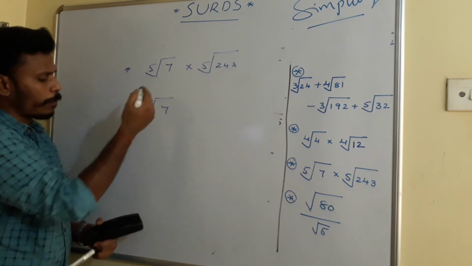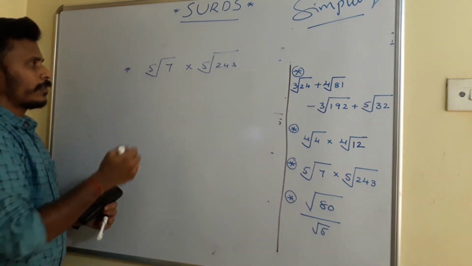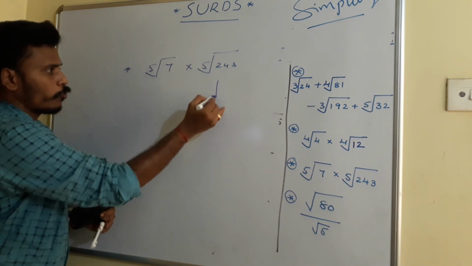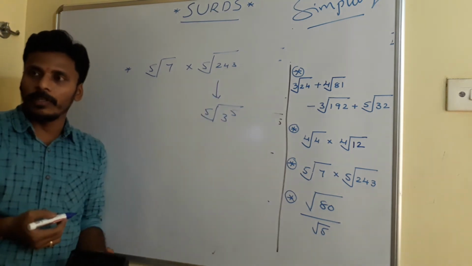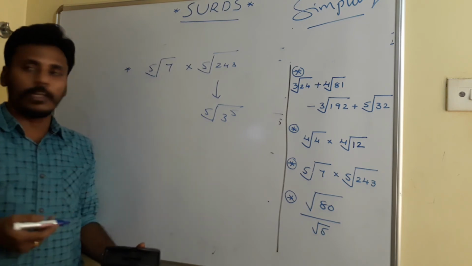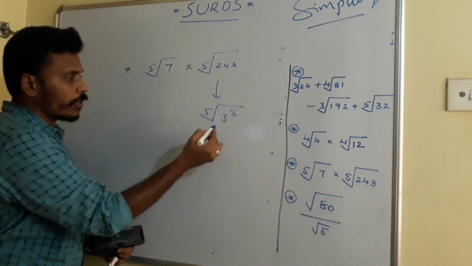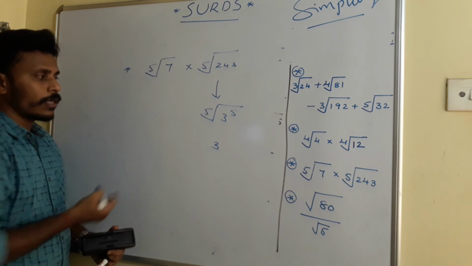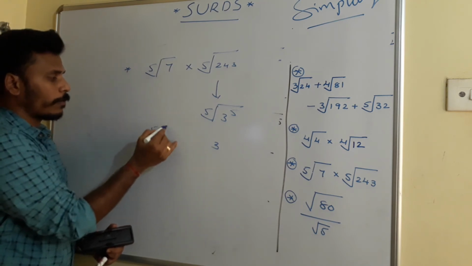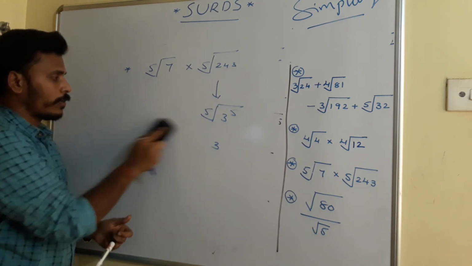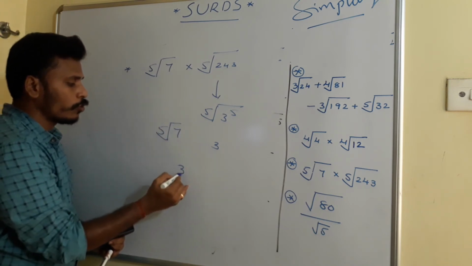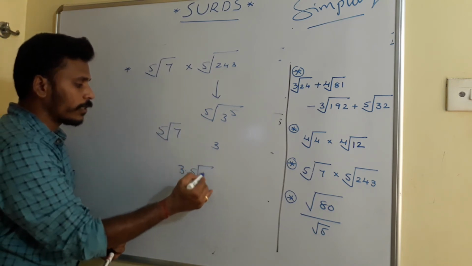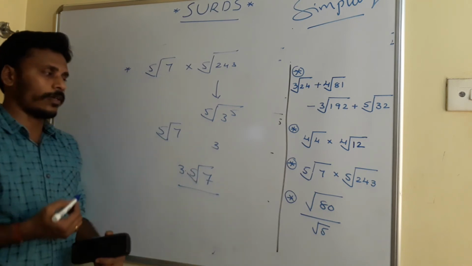See, this 5th root of 243 can be written as 5th root of 3 power 5. Since it is 5th root of 3 power 5, you just write it as 3. This is 3 and this is 5th root of 7, and you need to multiply these two. You just multiply in this manner, that 3 into 5th root of 7.